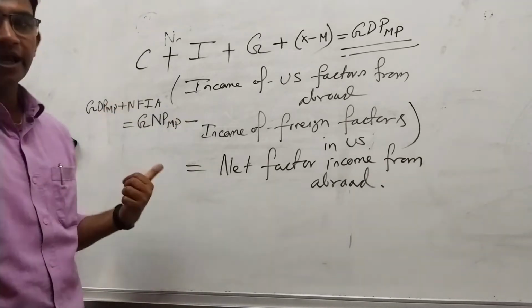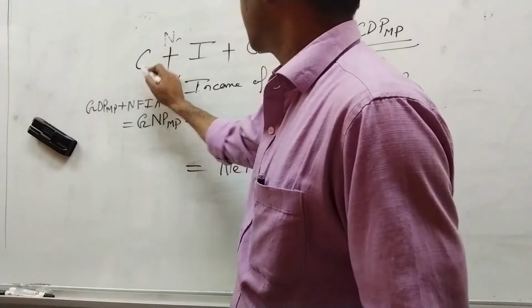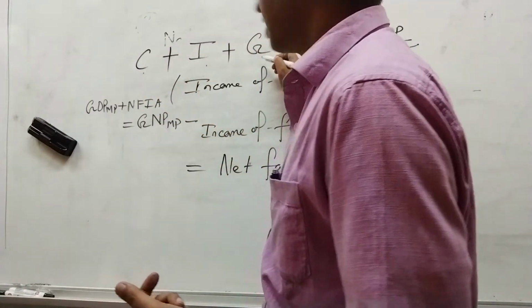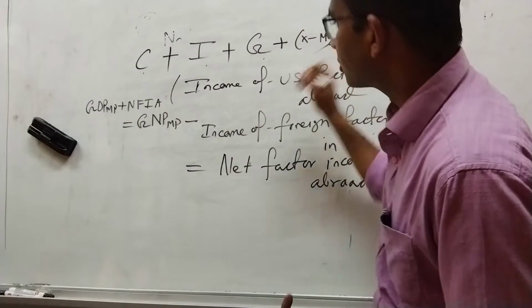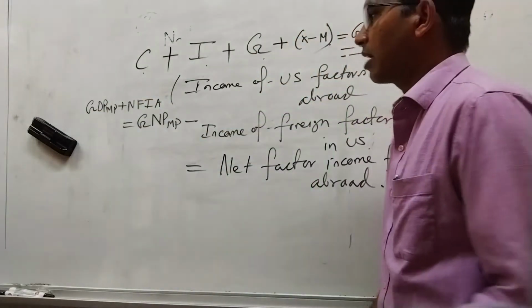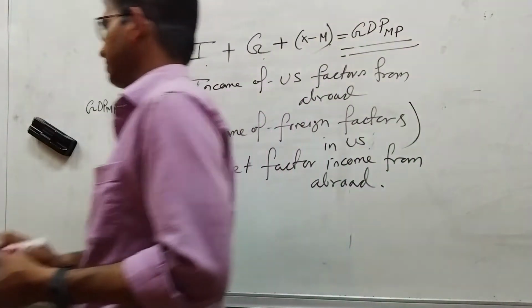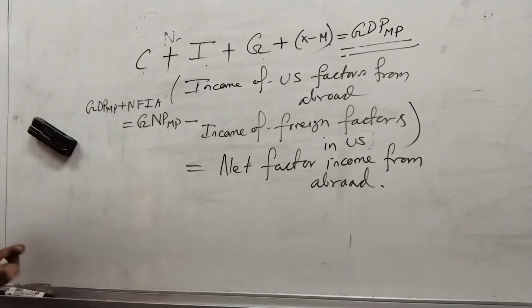So in the first stage, we calculate GDP-MP by adding the four components: consumption plus private investment plus government expenditure plus net export. Then we just add net factor income from abroad to GDP-MP, and we will get the concept of GNP-MP, gross national product at market price.